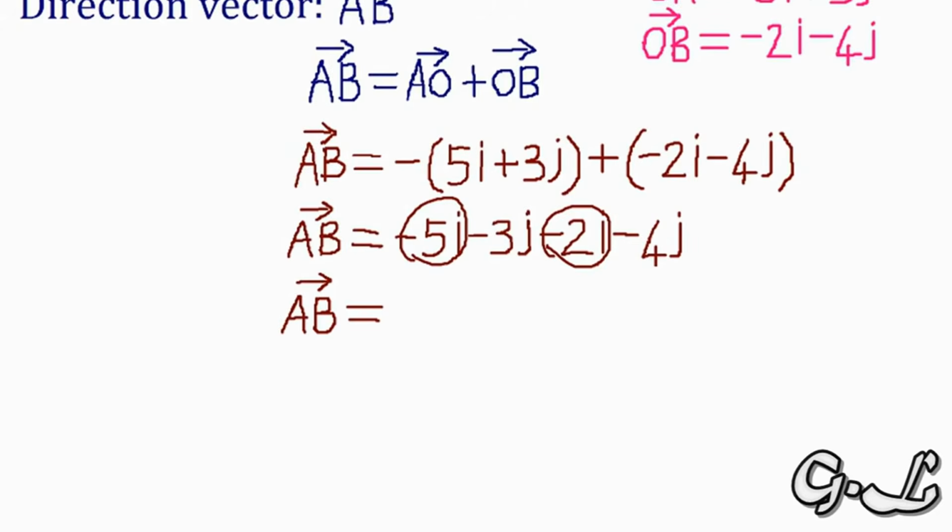Negative 5i minus 2i gives you negative 7i. And then negative 3j and negative 4j are simply like terms too, so again we can easily add or subtract, and it gives you negative 7j.